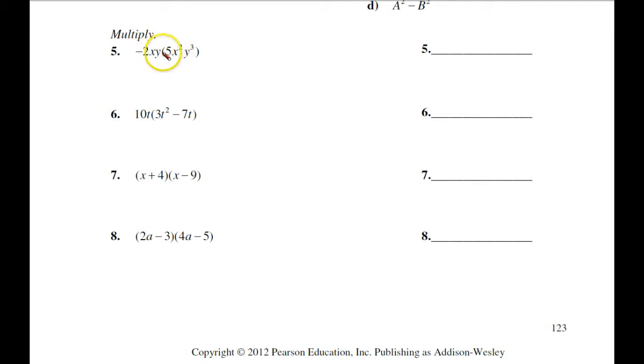So what will your sign be? Well, it's going to be negative. Then 2 times 5 will be 10. And then now you're going to add your exponents. There's a 1 there and a 2 there. So this is going to be x to the third, y to the fourth.